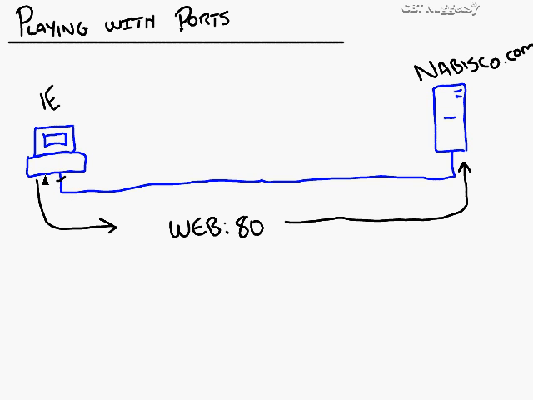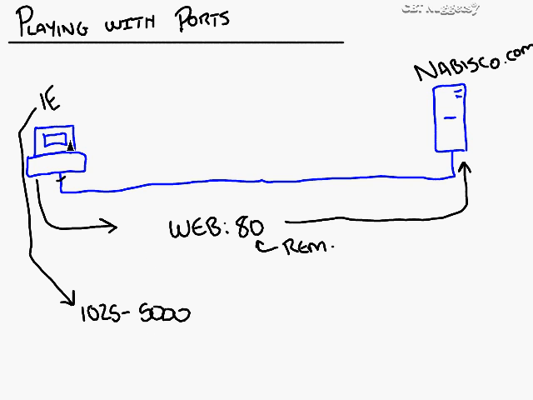How does this computer know which application should get what data? Well, there's actually a local port as well. See, when we accessed the web server, we accessed it on the remote port of 80. But when we opened Internet Explorer, it will dynamically generate its own port number, and it will be somewhere in the range of 1025 through 5000.